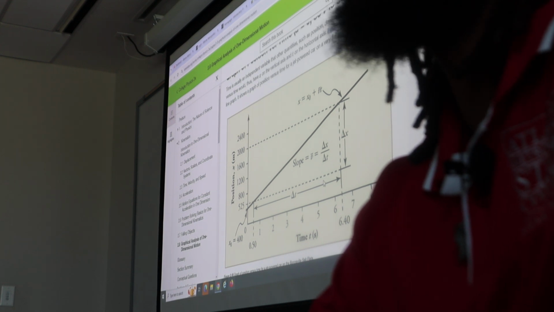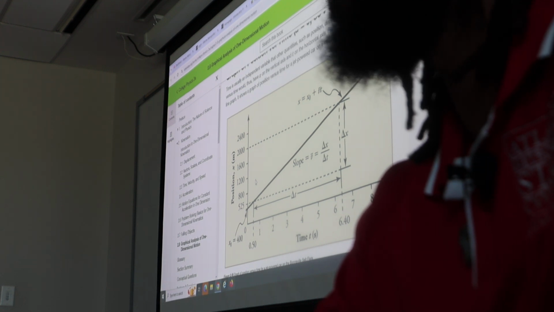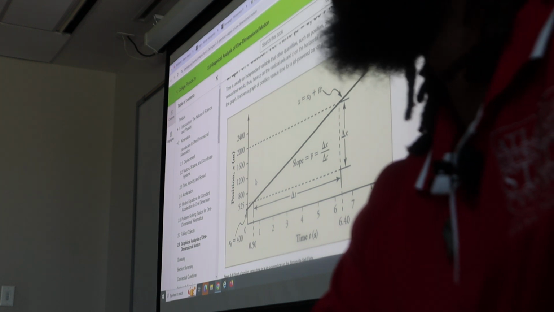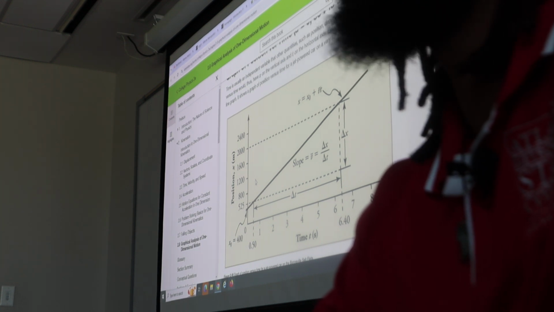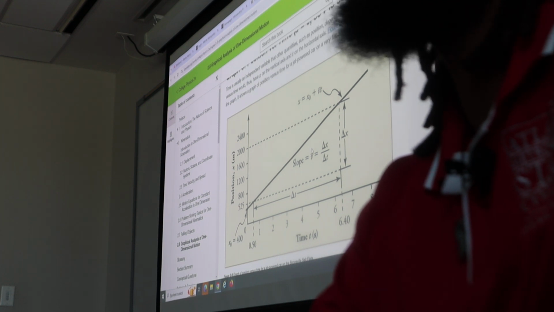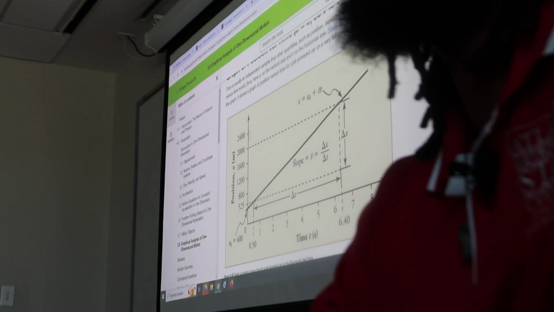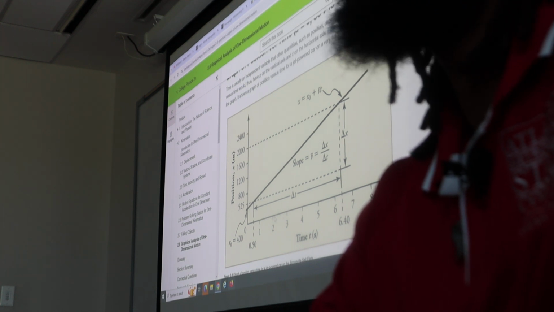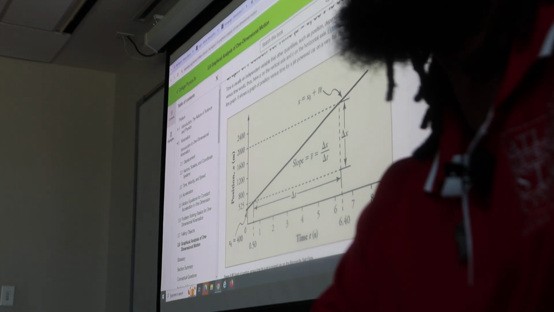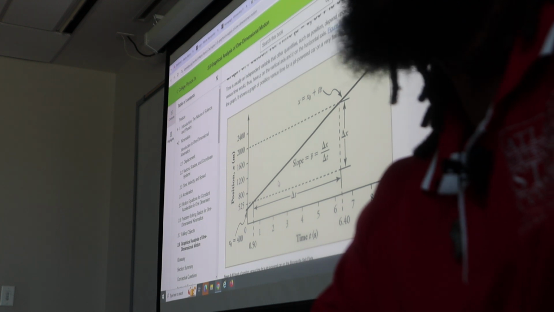This is just connecting our velocity, because velocity is position over time, or the change in position over the change in time. Acceleration is the change in velocity over the change in time. So you can get these equations from here. Here's a position over time, and you'll know that the slope is going to be the change in position, the rise, over the run, the change in time.